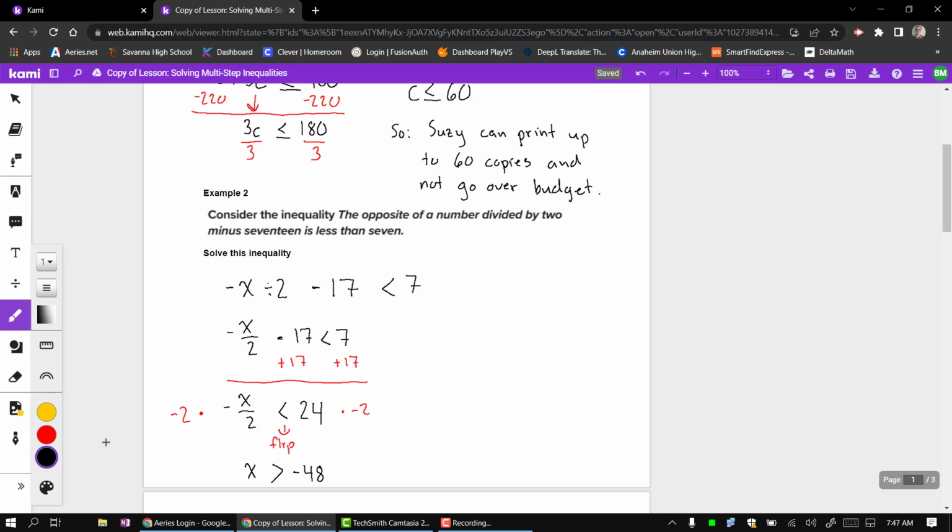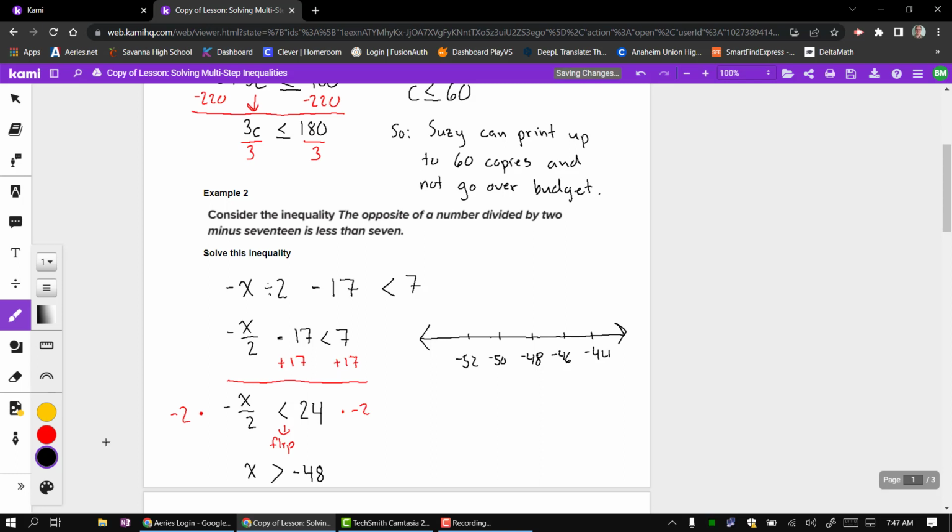So let's graph that, because that's what inequalities have as our solution. Part of our solutions is a graph. So I have negative 44, negative 46, negative 48, negative 50, negative 52.